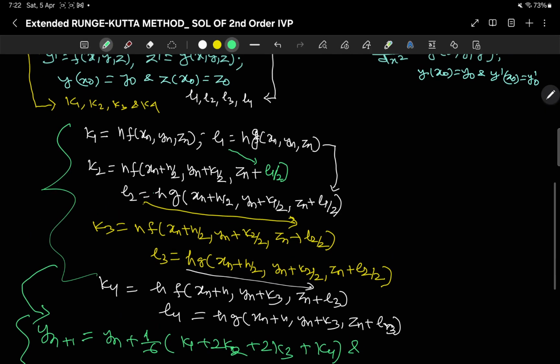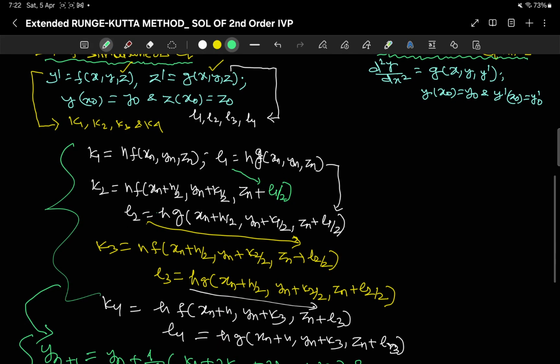Now if you are given a higher order differential equation, then how to deal with that? For a higher order differential equation, the intention is to reduce it to a system of equations. How to do that? You substitute y' = z.